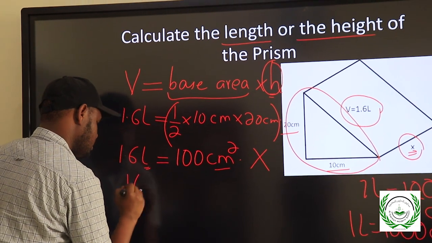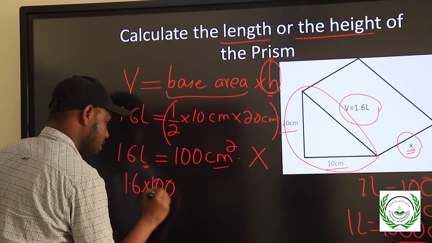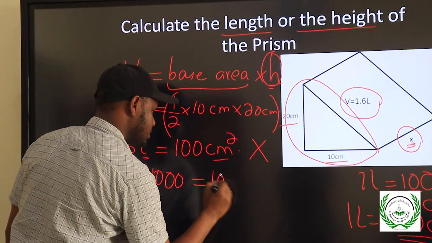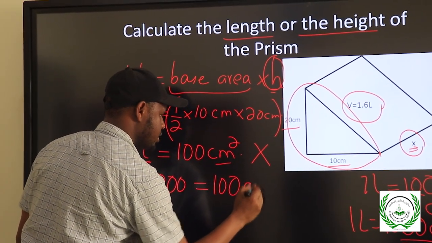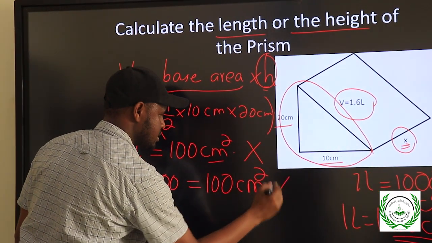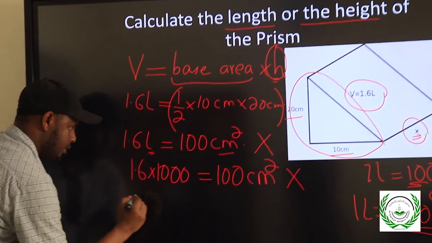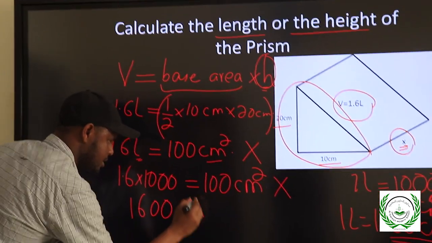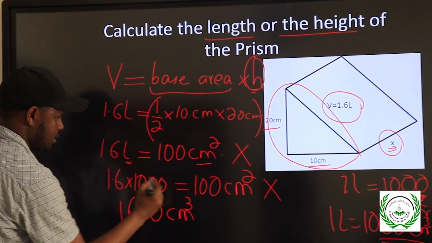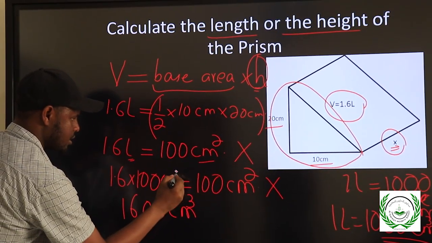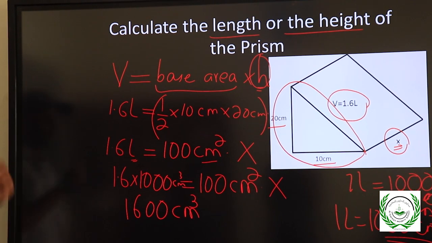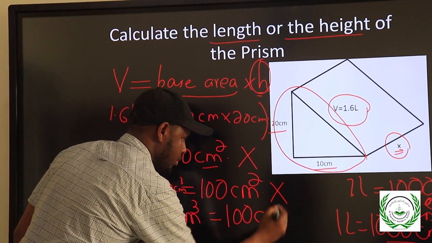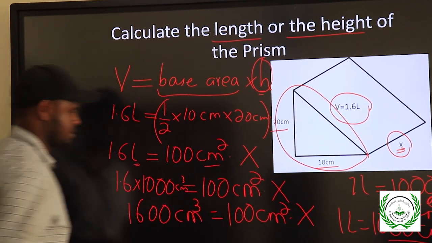So 1.6 times 1000, which is equal to 1600 cubic centimeters, which is equal to 100 square centimeters times x.